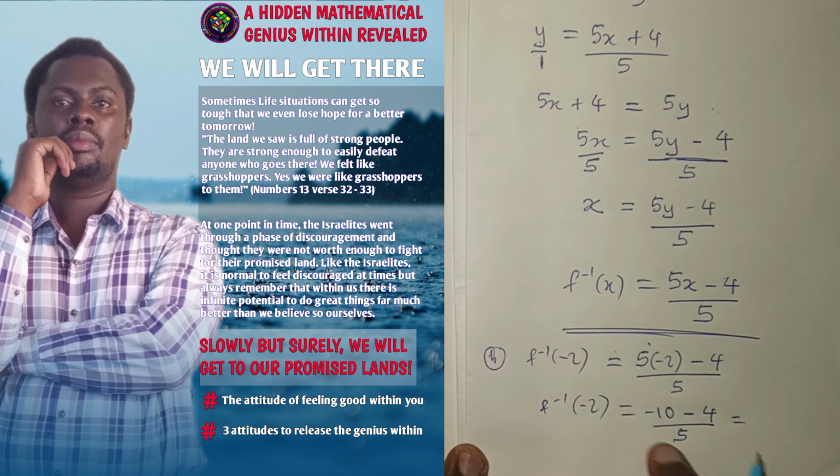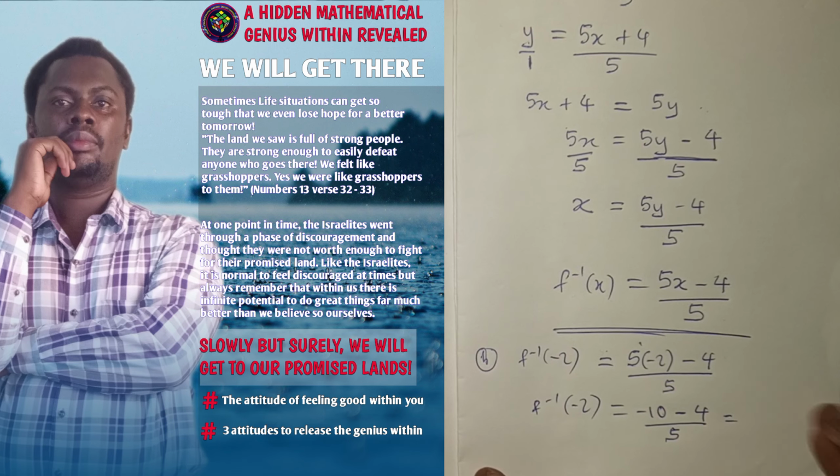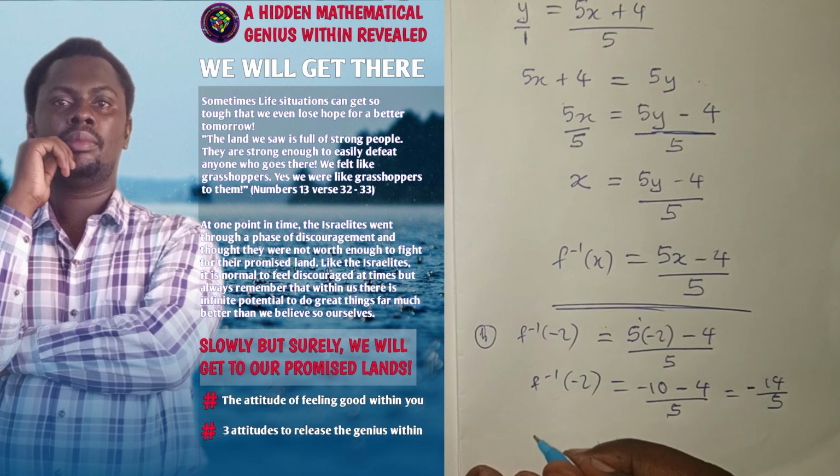What is negative 10 minus 4? Here we have same signs. When you have same signs, you add and maintain the sign. So negative 10 minus 4 gives negative 14 over 5. You should remember that we don't leave answers as improper fractions.